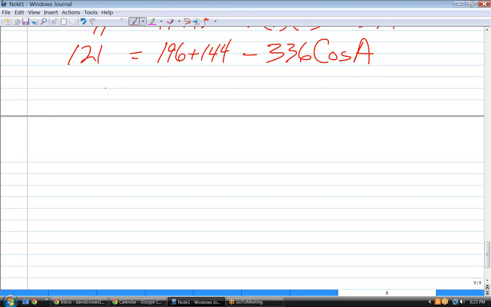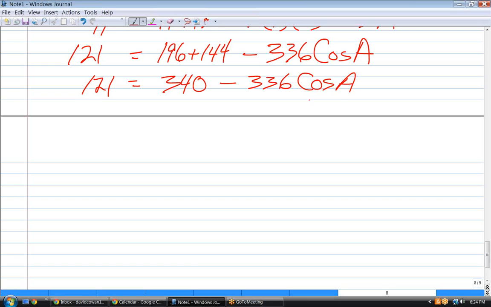What's the sum of these two? It's 340. What's the next step algebraically here? Subtract 340 from both sides.